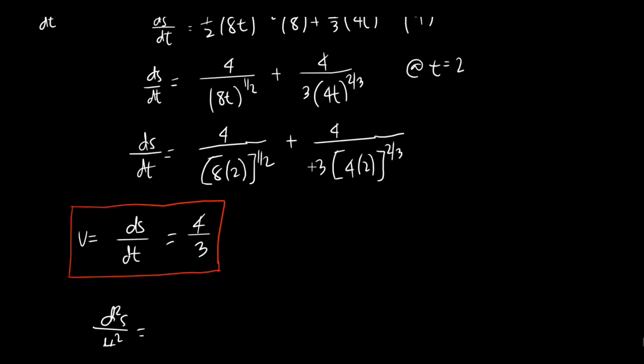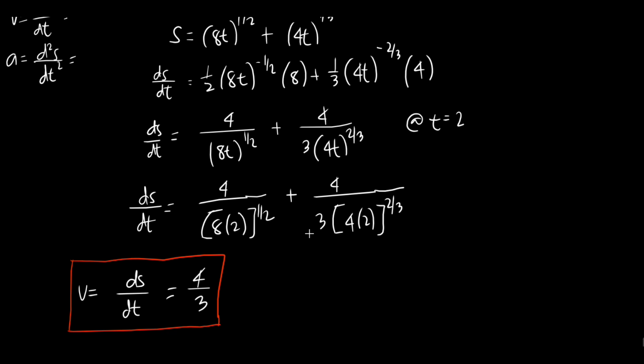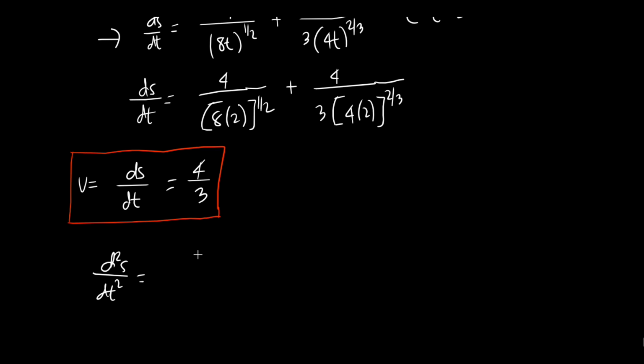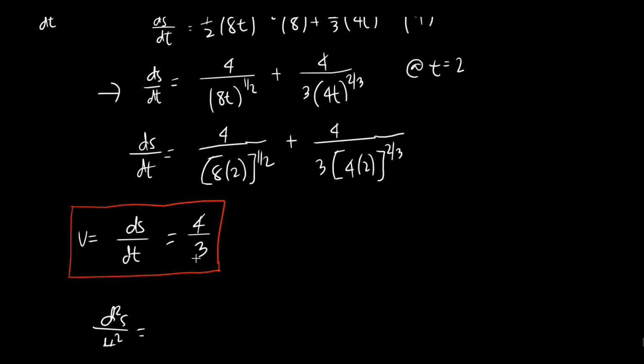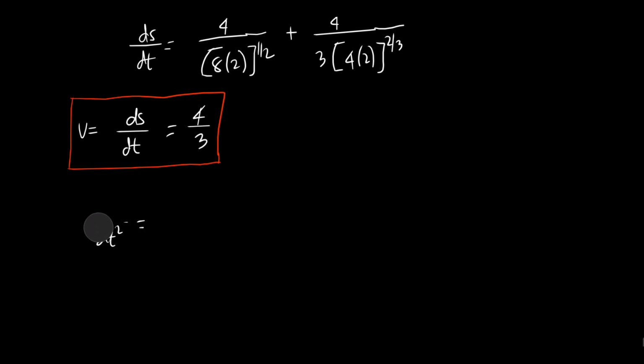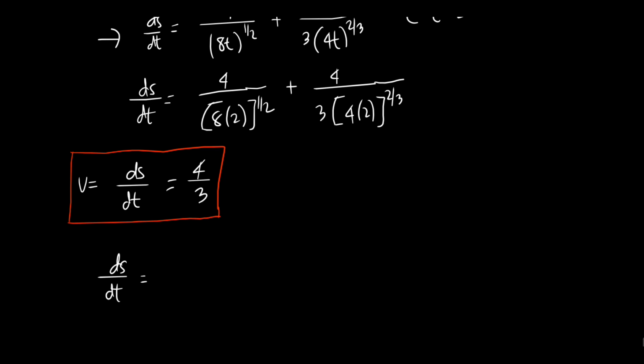By this, we'll copy this equation right here. ds over dt is equal to 4 all over 80 raised to 1/2 plus 4 all over 3 times 40 raised to the power of 2/3.